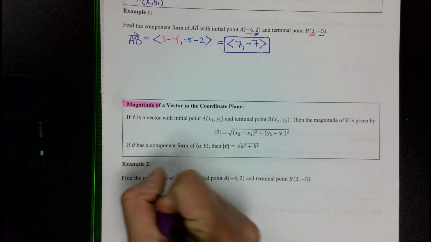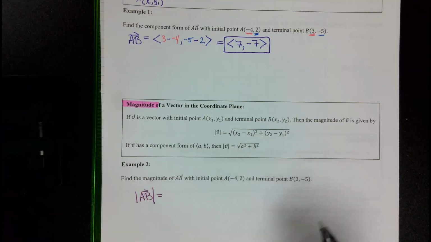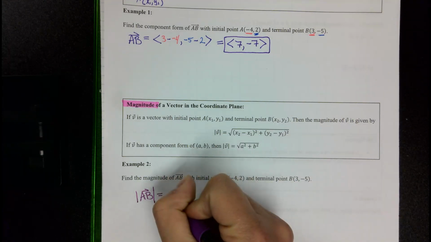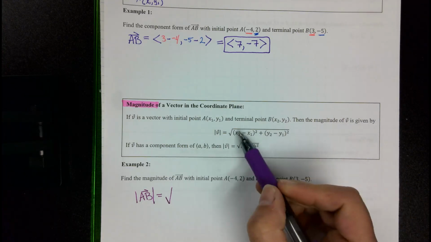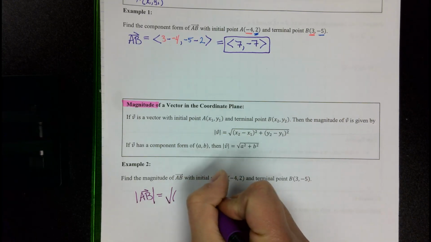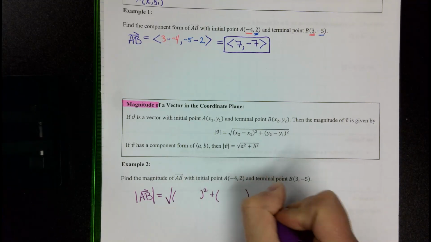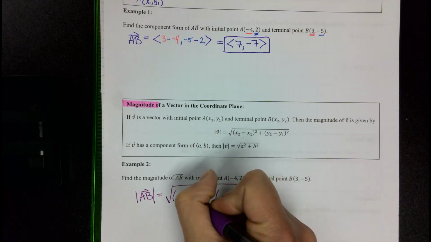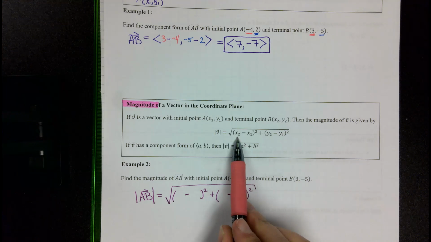So I'm going to set it up, absolute value of vector AB equals the square root of parentheses squared plus the y's in parentheses squared. And I know I'm going to be subtracting in each set of parentheses. So I'm going to do the x's. My x2, my final point has to come first.